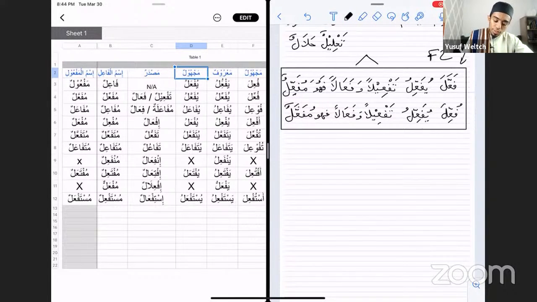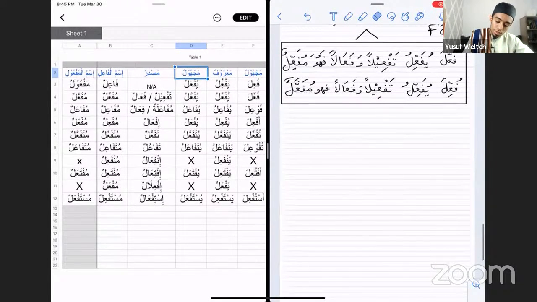So first, the reason why those alifs are there is because of the fatha. Anything that has a fatha on the end of it, or ends in a tanween, the two fathas, you have to put an alif after it, just in Arabic. The alif has nothing to do with anything. The actual word is taf'il.